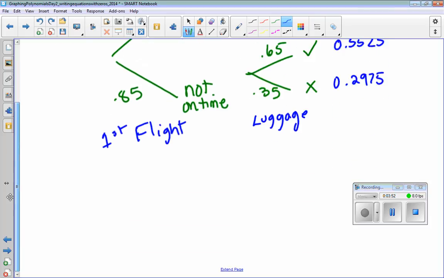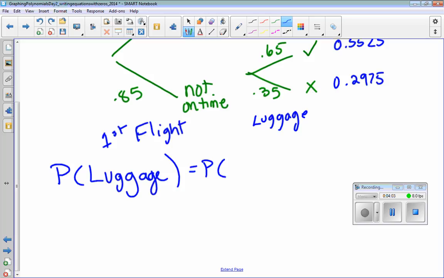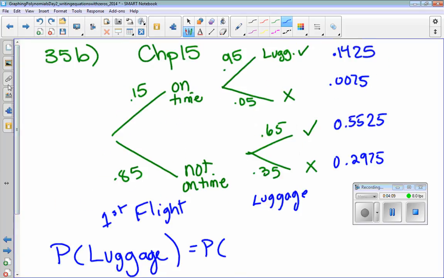So the probability that the luggage arrives is, well, we'll just look at it this way rather than write the formula out. Would you agree that the luggage arriving is simply those two branches where the luggage arrives added together? That's all you have to do, other than write a whole context.